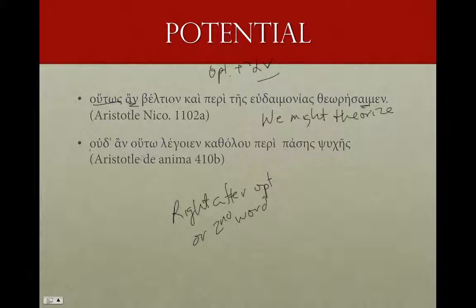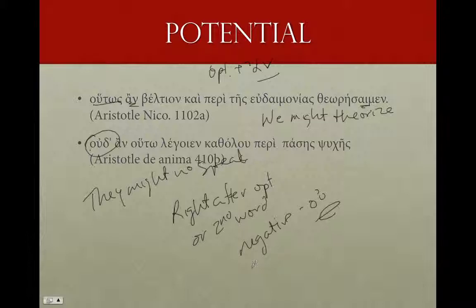So they would not speak. They might not speak. And the thing to keep in mind here is that, oh, look at this. The negative is actually ou. So we have an, and the negative ou.